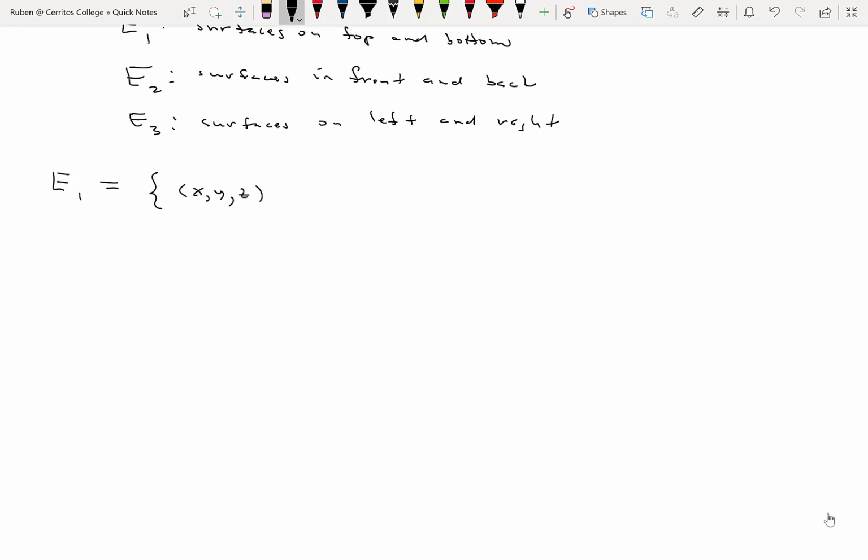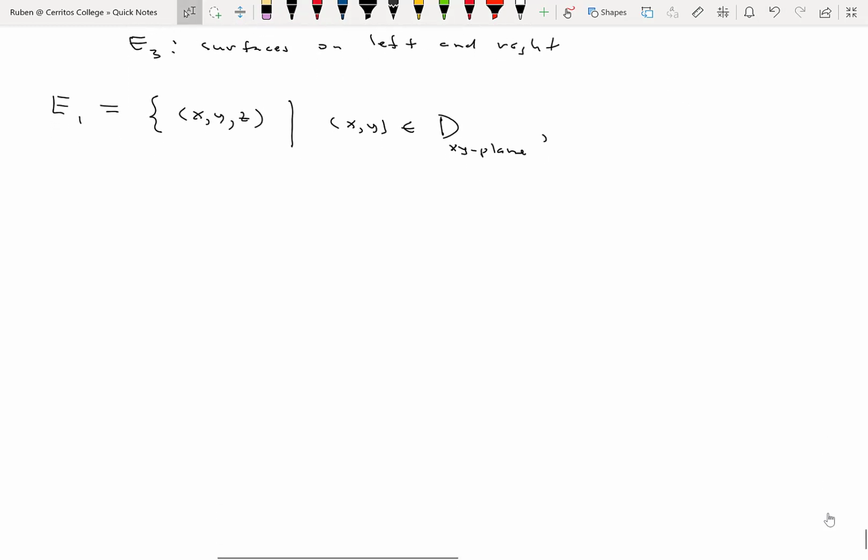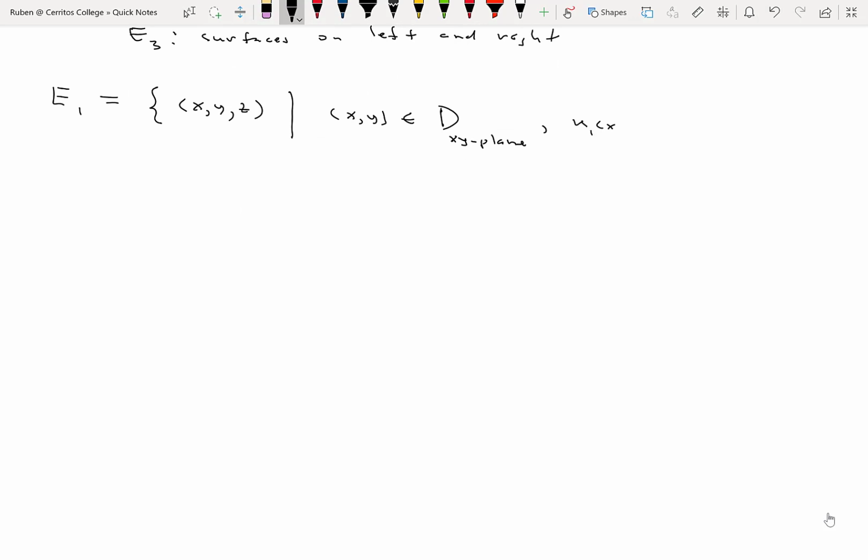Of course, all of these regions are sets of points in 3-space, but more specifically, they're points x, y, z such that the x and the y come from some domain D in the xy plane, and z, remember type 1 region, surfaces on top and bottom, z varies between a function on the bottom, u1 of x and y, and a function on top, z equals u2 of x and y.